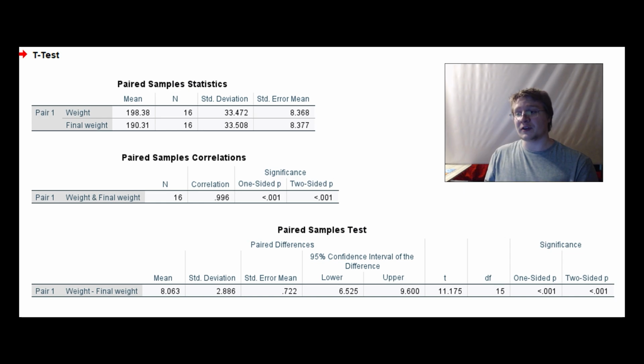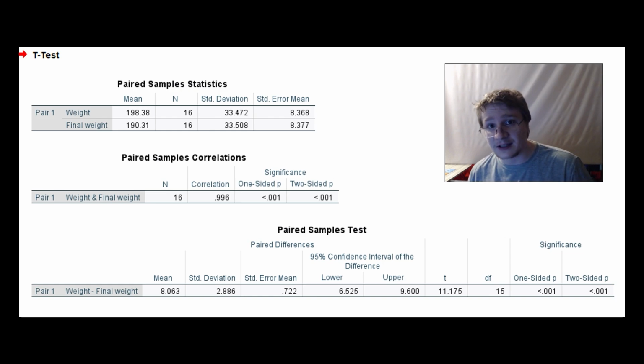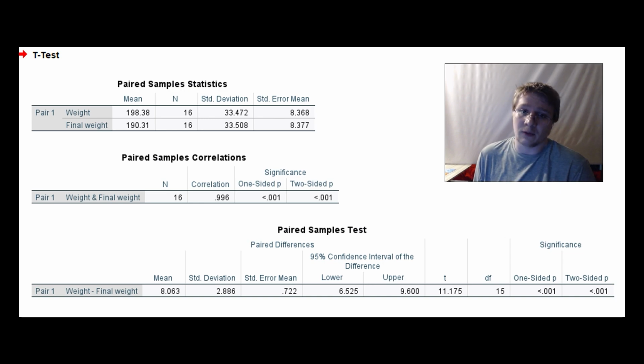The correlation coefficient of 0.996 indicates a super strong relationship between the weights before and after, which means that our workout probably has to do with the weight change. Since the coefficient is positive, we indicate a positive relationship, which is weight loss in this case. So it's a positive number, but yes, we're losing weight.